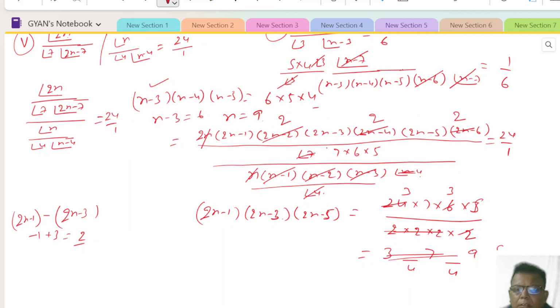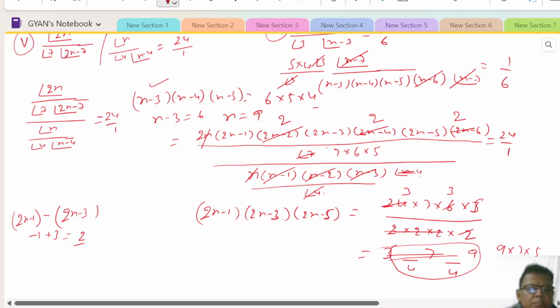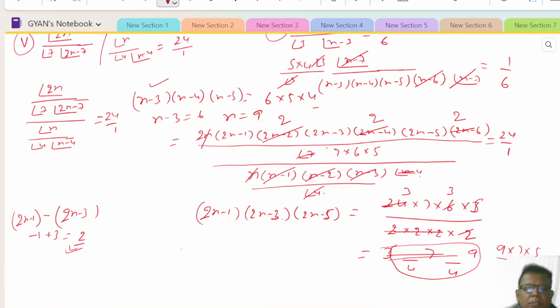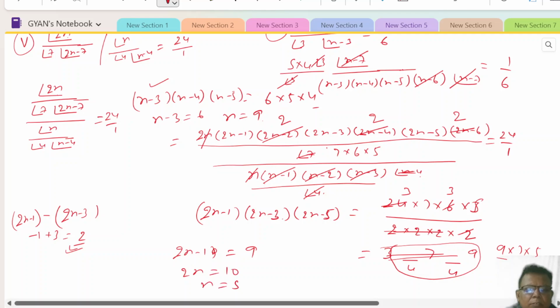So here 9 into 7 into 5 can be written. So 9 into 7 into 5, and there the difference is 2. So here also the difference is 2, that is 2n minus 1 will be equal to 9. So 2n will be 10, then n is equal to 5.